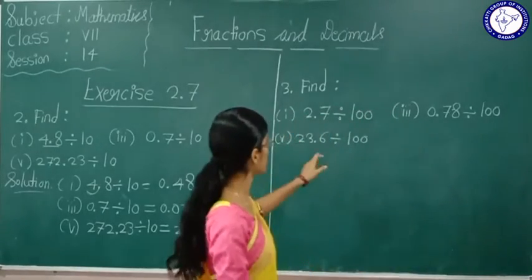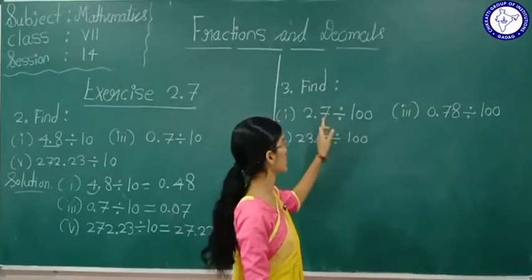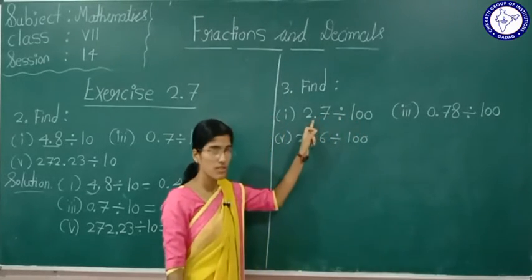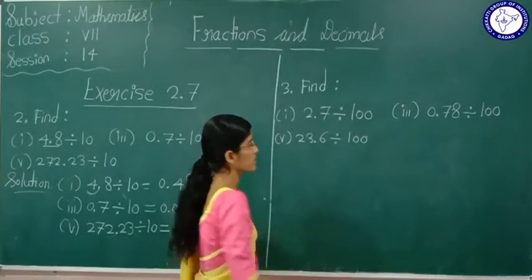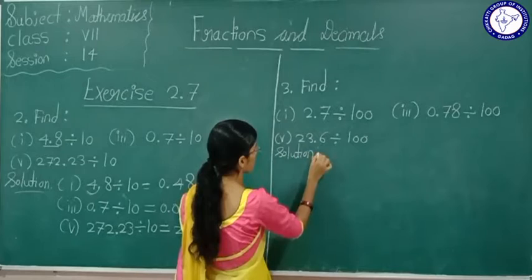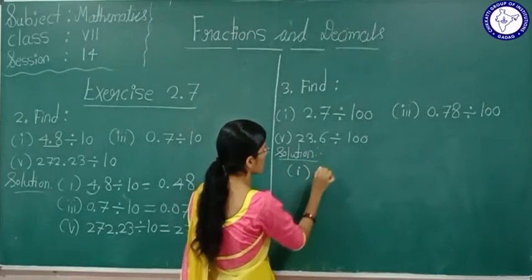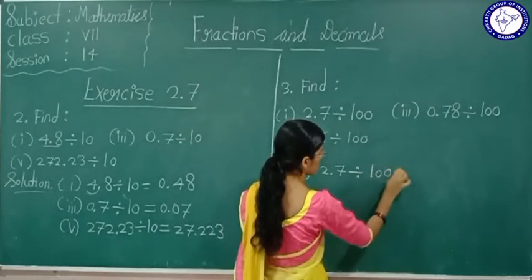Okay. Now see, while dividing a decimal number by 100, what do we have to do? Just shift the decimal point to the left by 2 places. See a solution. First one, 2.7 divided by 100.